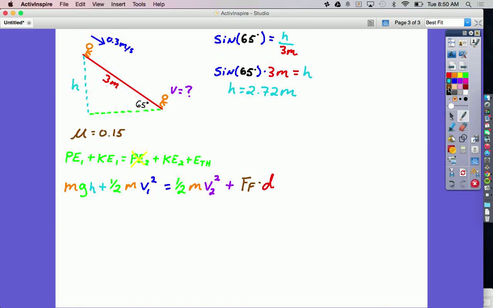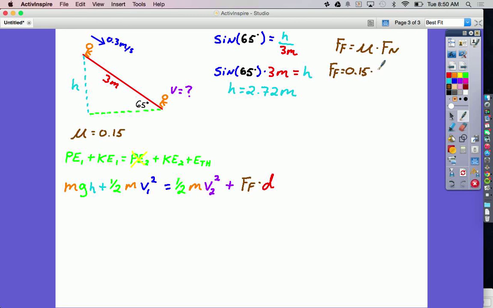If we're trying to find the force of friction, we know that's equal to the coefficient times the normal force. Well, we have the coefficient, which is 0.15.